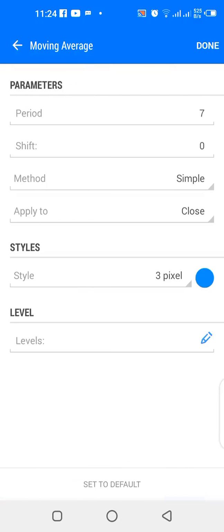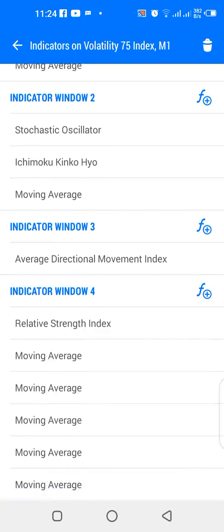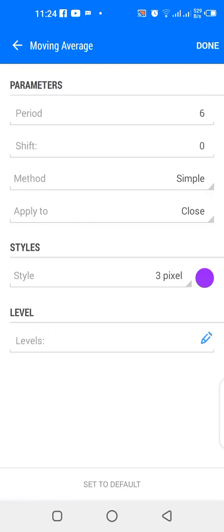Okay, we also have 7 period simple moving average, shift is 0, apply to close, and the color is blue. Then we have 6 period simple moving average, shift is 0, then apply to close, and the color is purple.